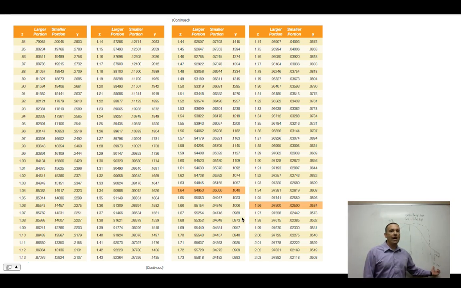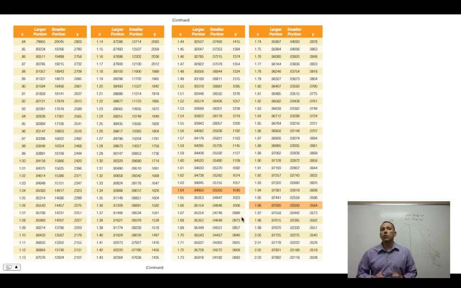If I find that value, that will be the P for the positive as well as the negative. In case you're a little confused, let's walk through this example. I'm looking for 5%, 2.5% on each side. So let's find a percentage of 0.025 and get the corresponding z value.